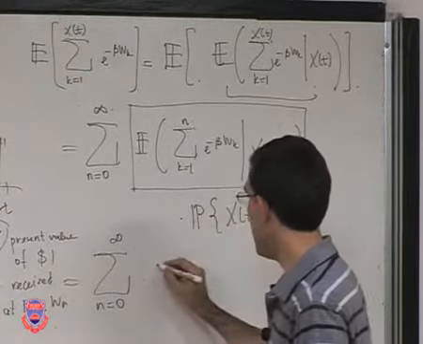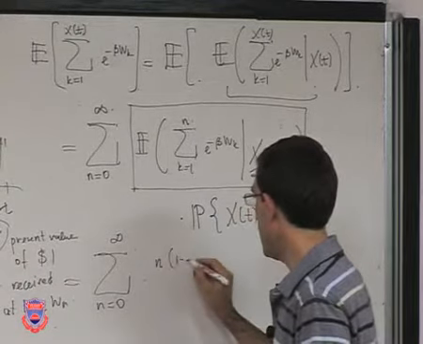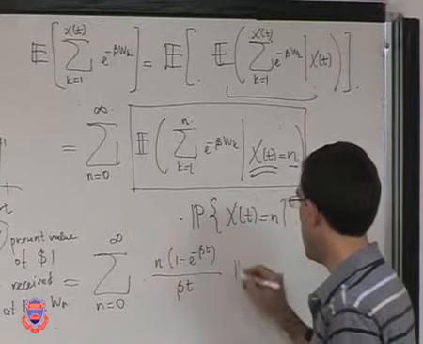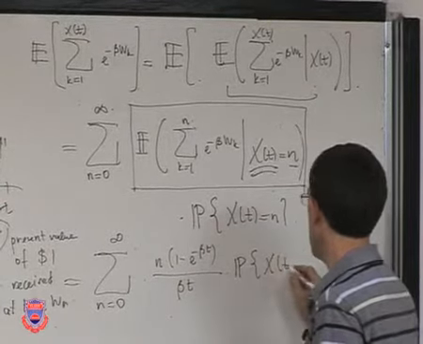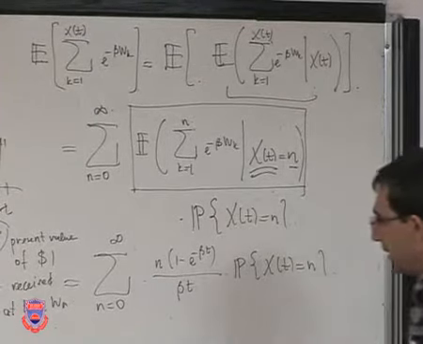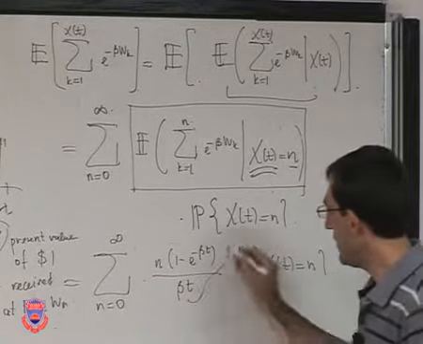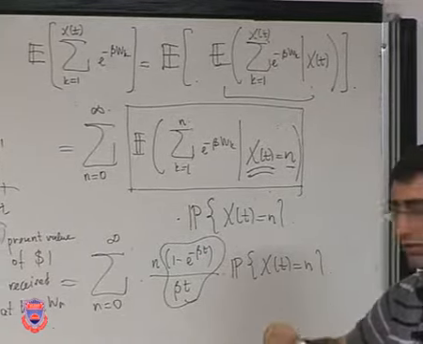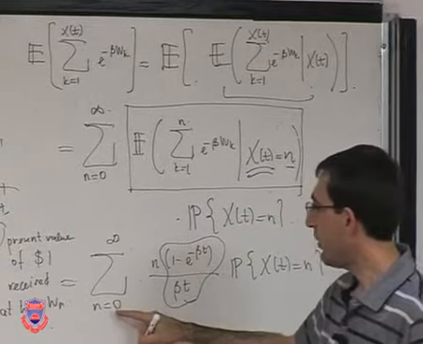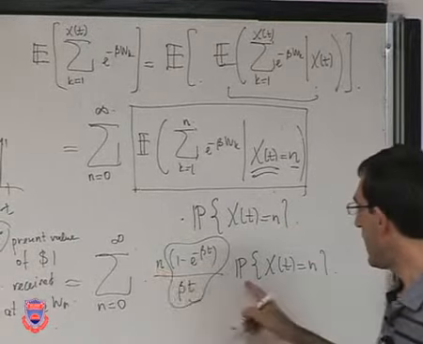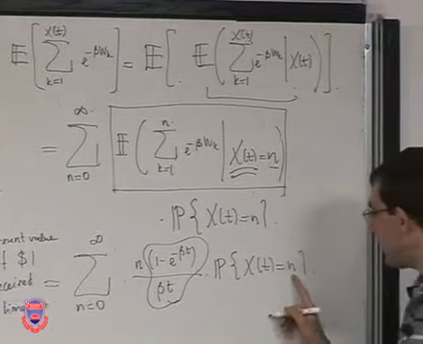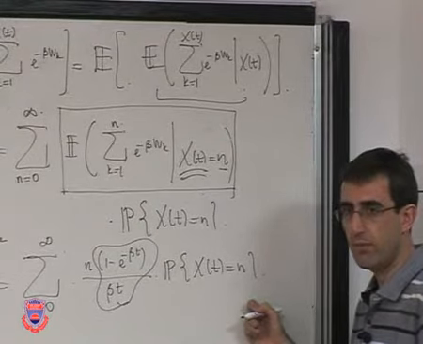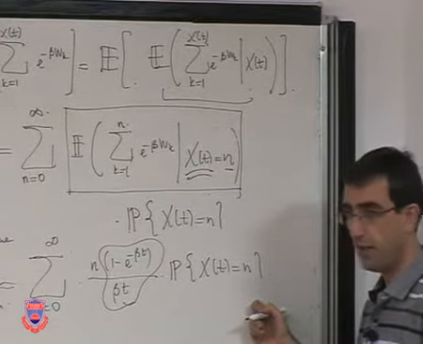So for this we have n times 1 minus e to the minus beta t divided by beta t. In this expression, this part doesn't depend on the summation index n, so we can take that out. Then you are summing over n of n times the probability that X_t equals n.